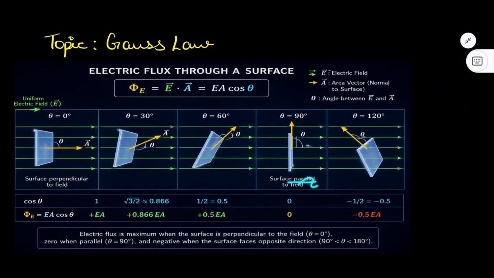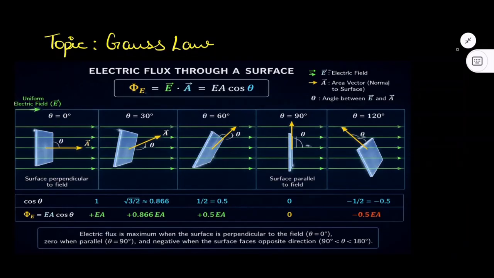So now the surface is parallel to the field, and here the diagram will not be appropriately clear to you, so I have drawn over there and explained you. Now we see that the flux becomes 0. None of the field lines will cross the surface. All the field lines are moving along the surface.